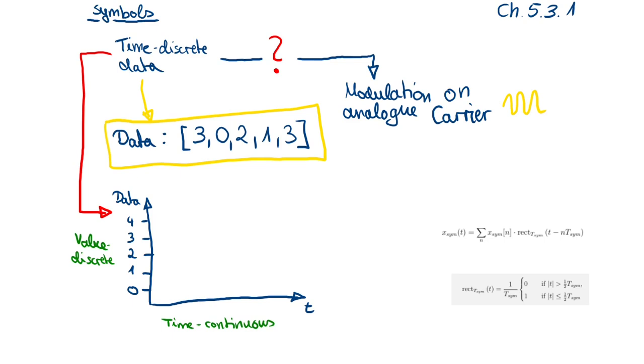But how can this be achieved? So we have time discrete digital data and we want to modulate it onto an analog carrier. So the question is, how can we achieve this?